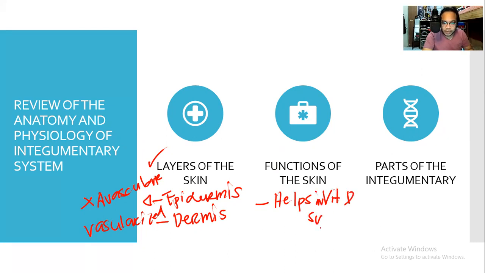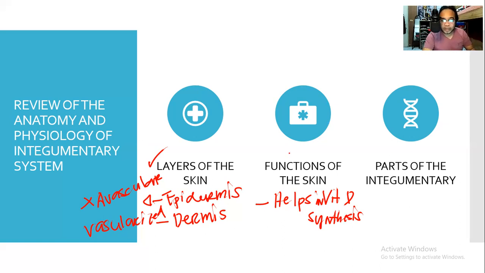Okay, it does not form your active vitamin D. Instead it is the kidney that activates your vitamin D. Okay, it is the one that metabolizes or forms your active vitamin D, so that yung active na vitamin D will act on your intestines para increase ang absorption ng ating calcium.